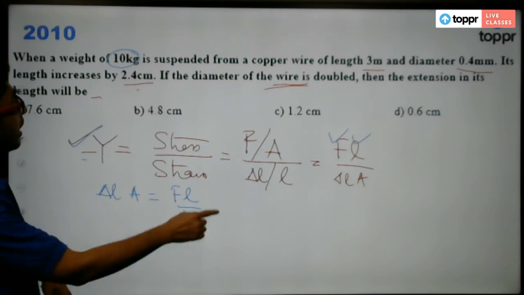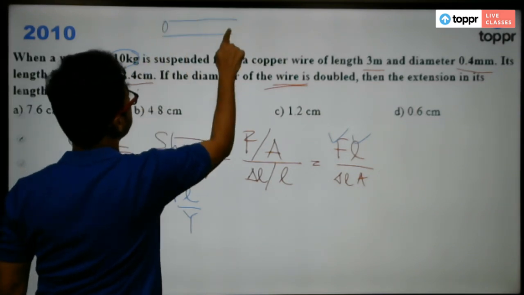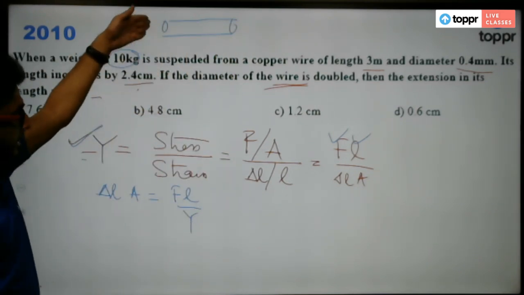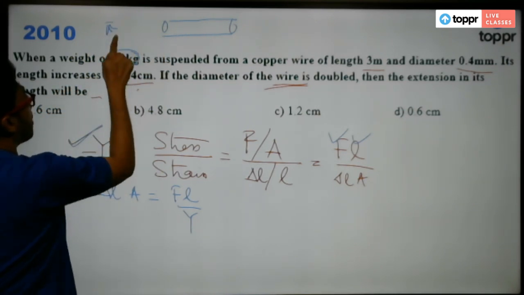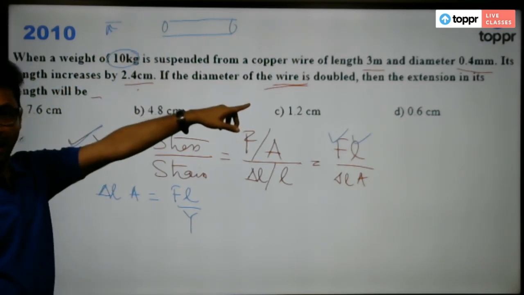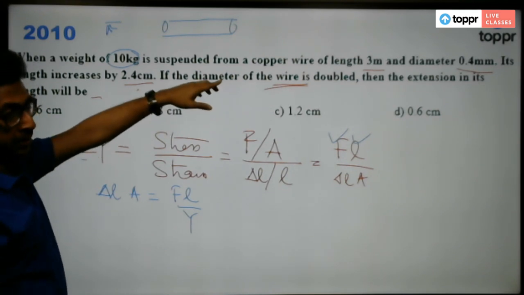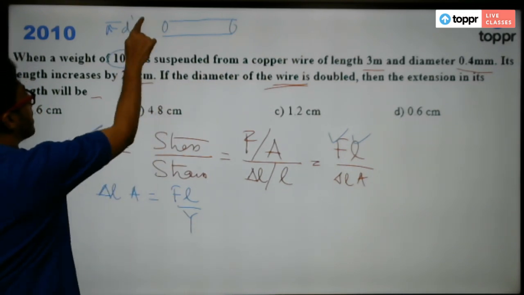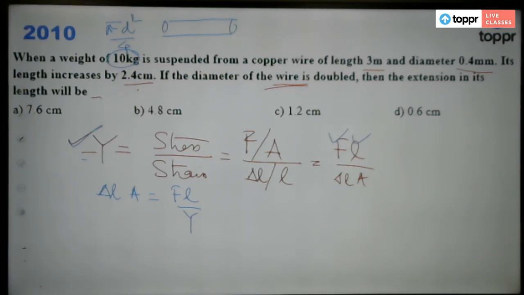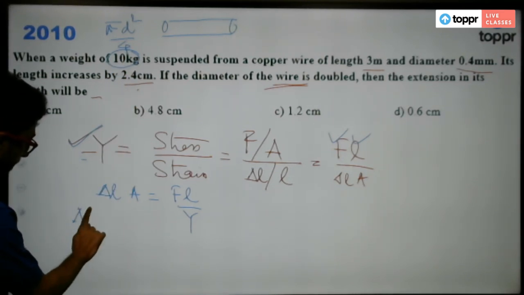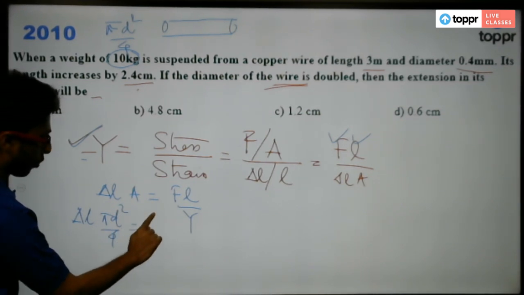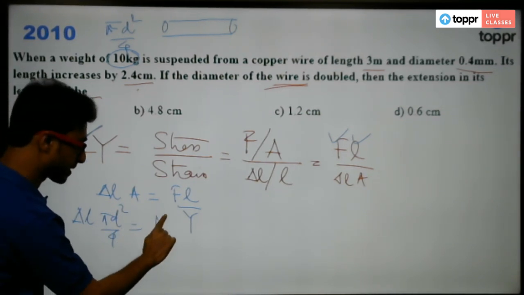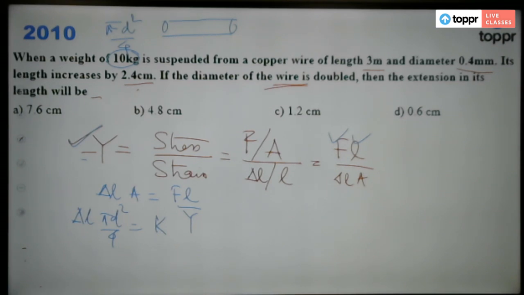The cross section of a wire is circular in shape, so it is pi r squared, which is pi d squared by 4. So we can write delta L times pi d squared by 4 equals a constant k. Now in this, pi and 4 are also constant.